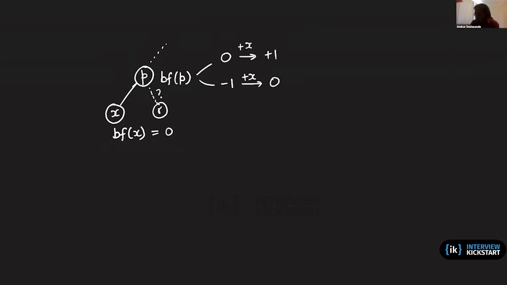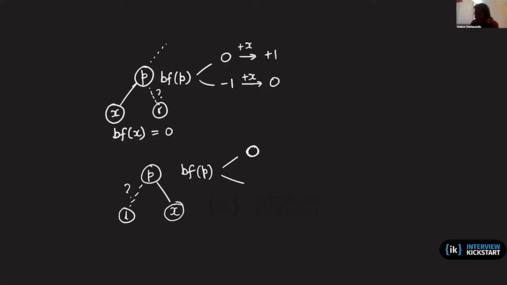Does that make sense? There is a symmetric case like this. If X was added as the right child of P, maybe it had a left child or maybe it didn't. We don't know. If it didn't have a left child, its balance factor originally would have been 0 because P would have been a leaf node.